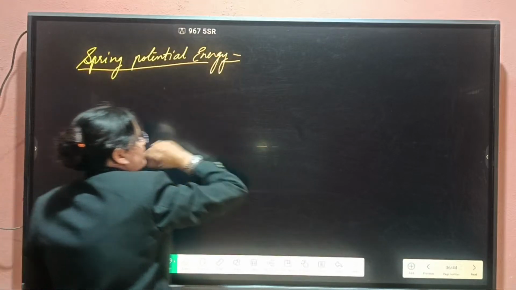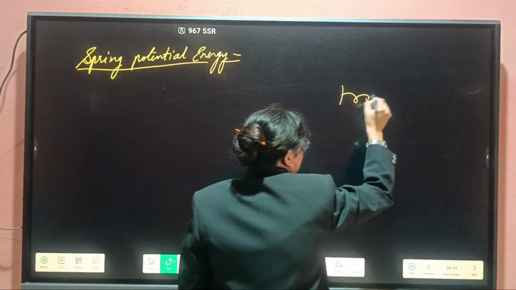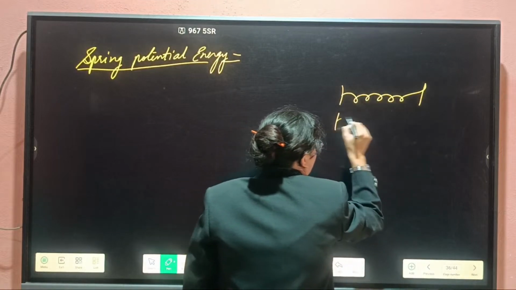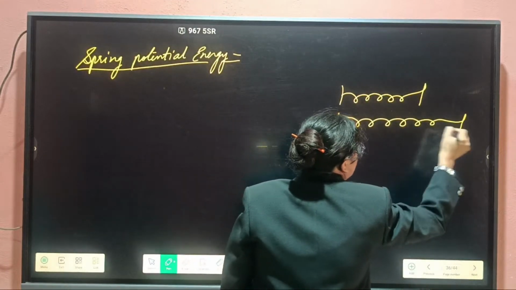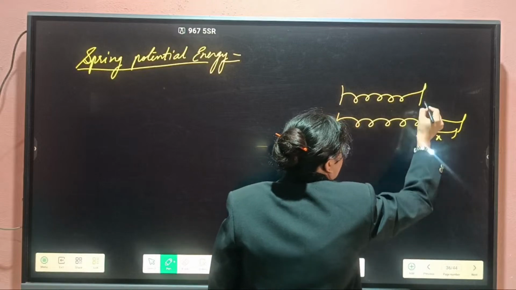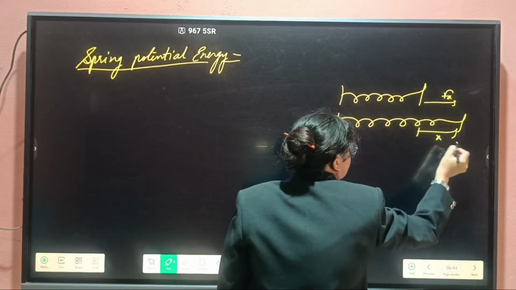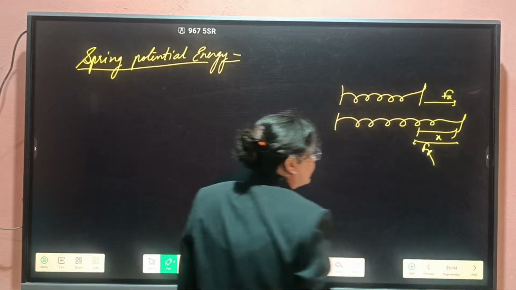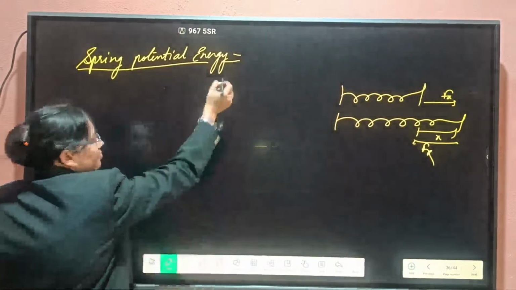How we can find this one, as we are taking this one spring only and apply a force, then changing the length. This x length will be the force applied in this direction, and the restoring force will act in this direction.